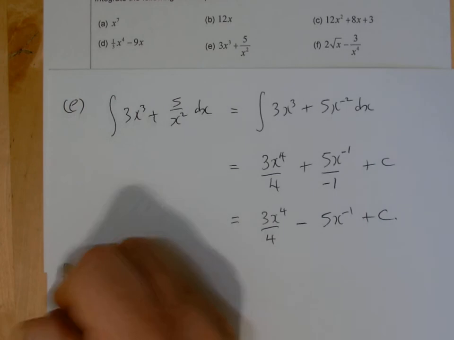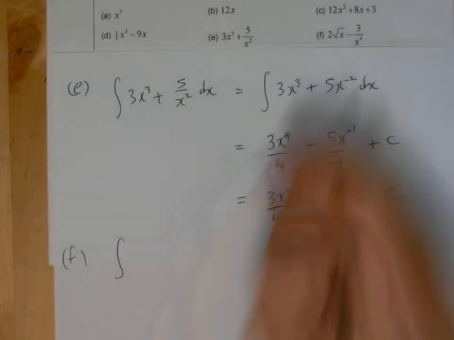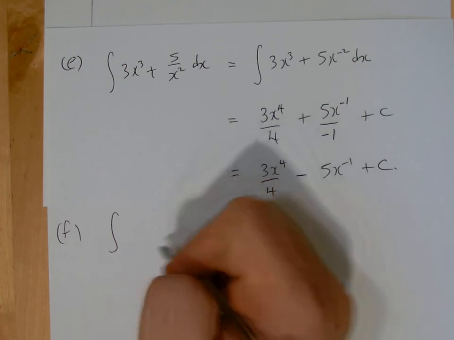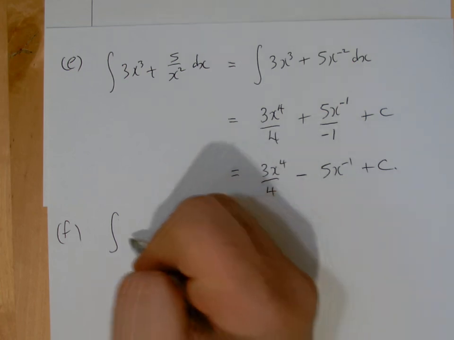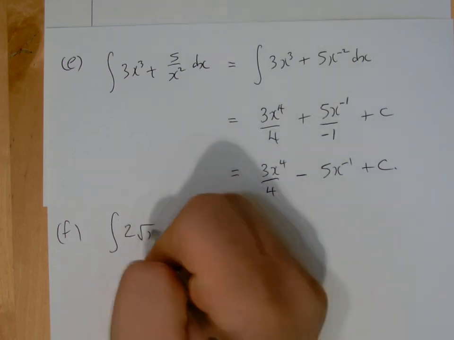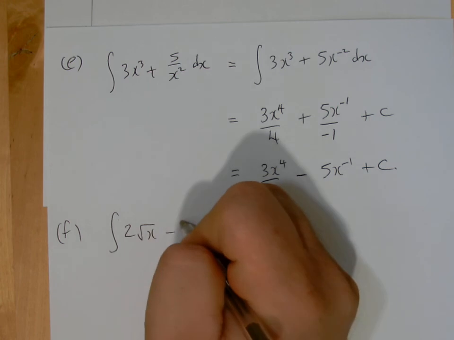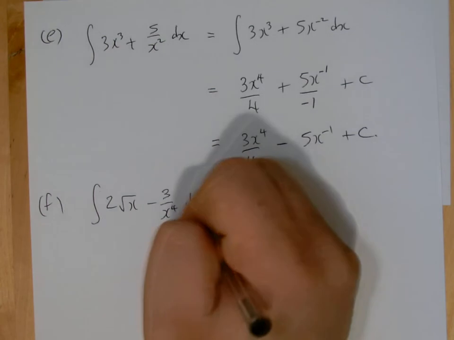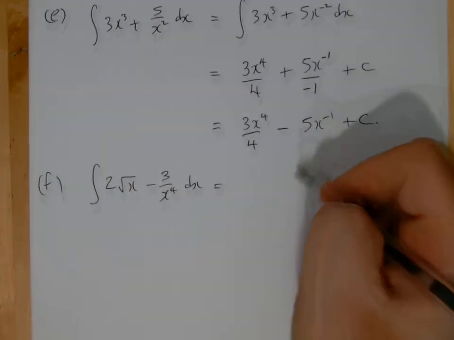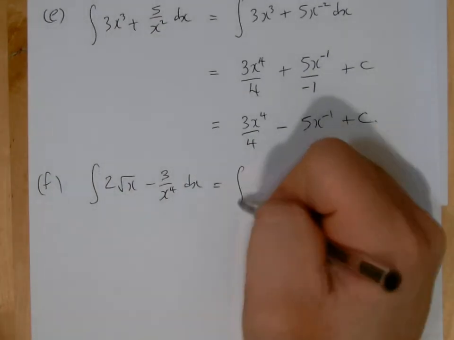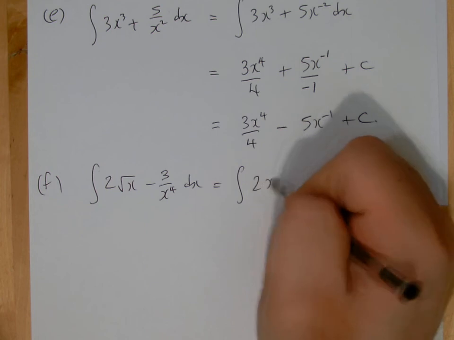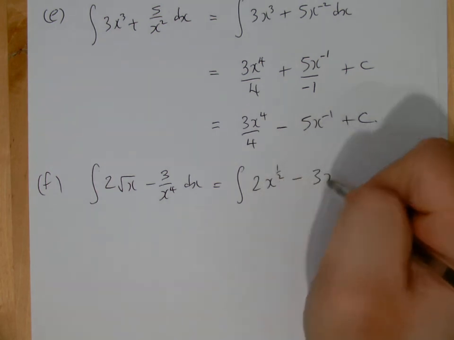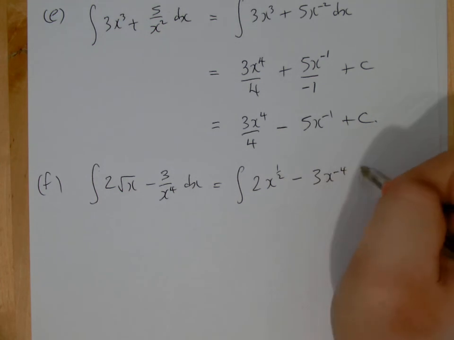Okay, finally then, the last one, you would have had the integral of 2 root x minus 3 over x to the power 4. Again, you need to rewrite this before you integrate. So I hope you could see that root x is x to the power half, and then that x you take up to be minus 4 power.